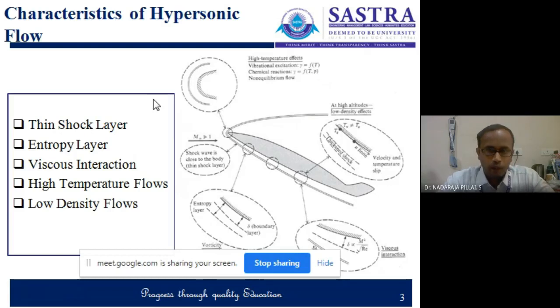So we now have an imagination of the hypersonic design. In the case of subsonic flow, the fuselage is very big, and the wing has a very big span area. Aspect ratio is good. When you come to the supersonic flow, the nose is very sharp, and the wing is very thin.